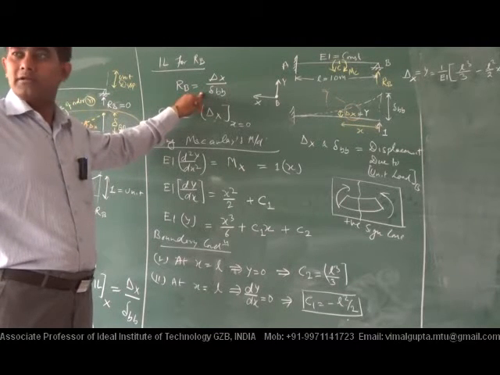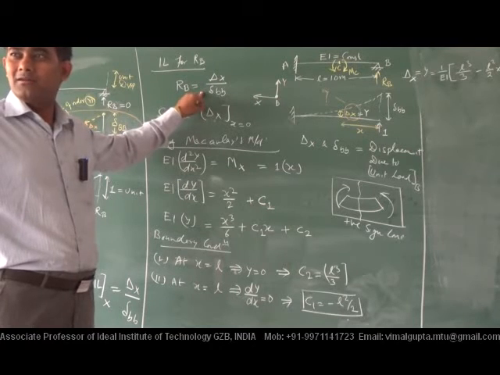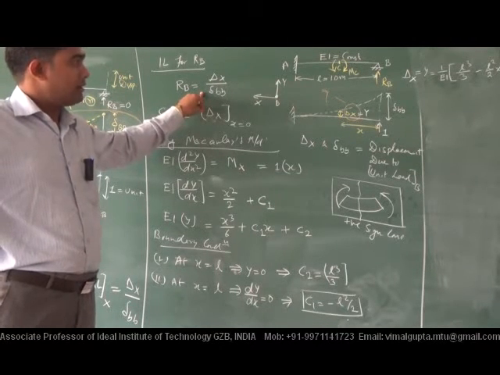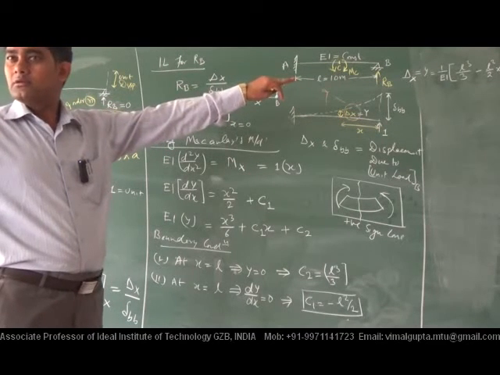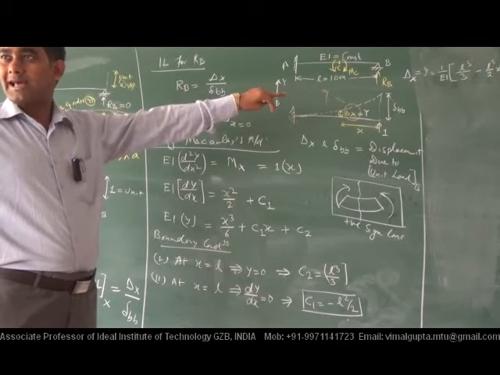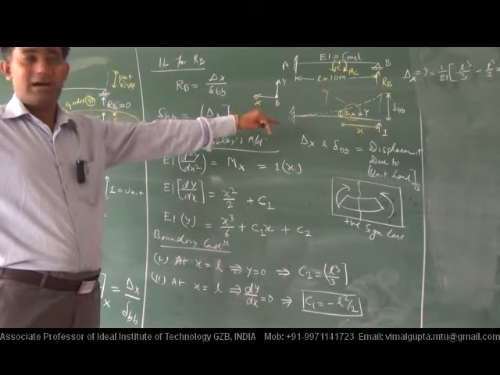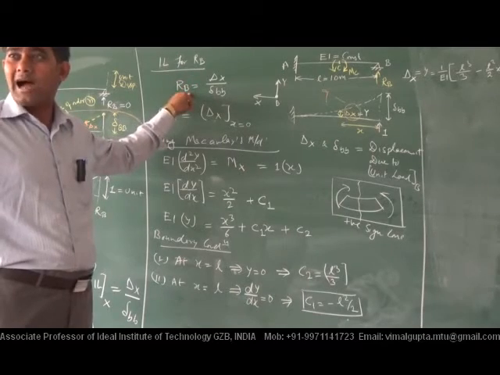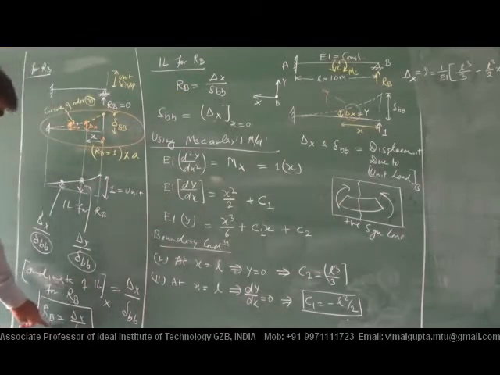Now you have two options. After having this value, there are two options. Either find out the ordinate. This RB is the ordinate of IL.